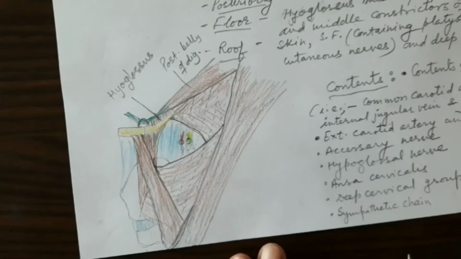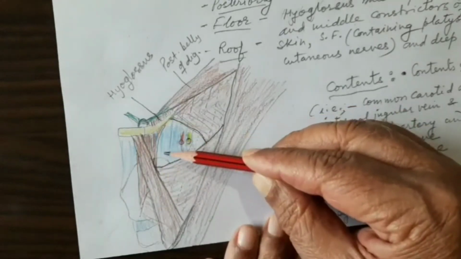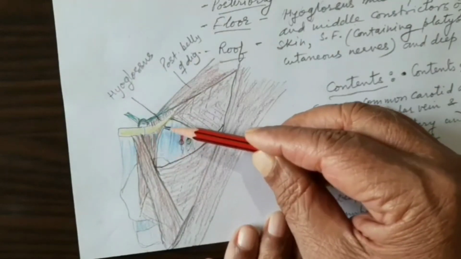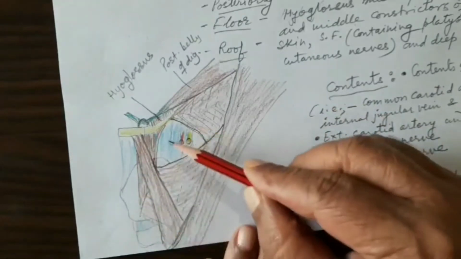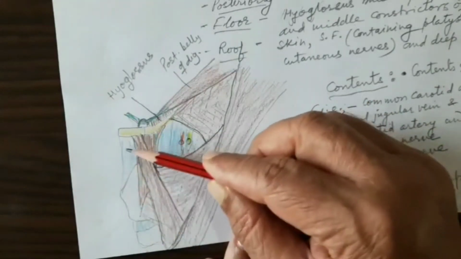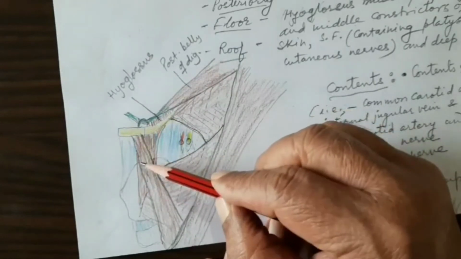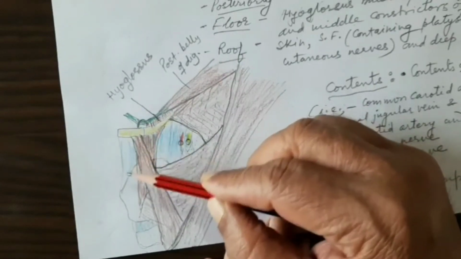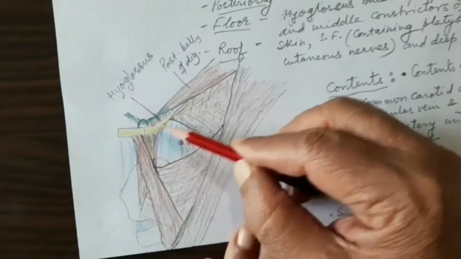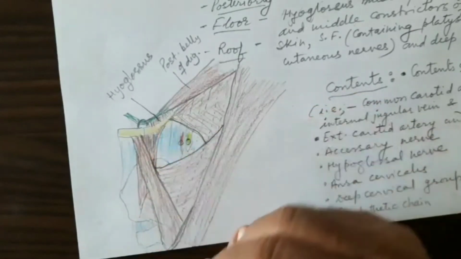Then there is a membrane below this, the thyroid membrane. This blue structure, the thyroid membrane, takes origin from the upper margin of the thyroid cartilage laminae on right and left side, and is attached here onto the hyoid bone.